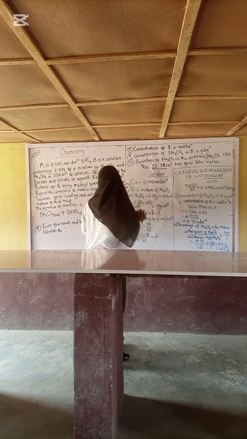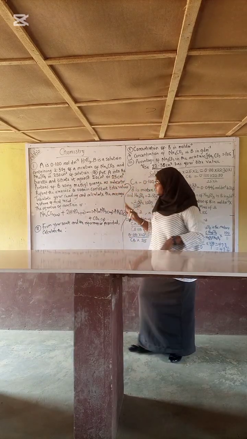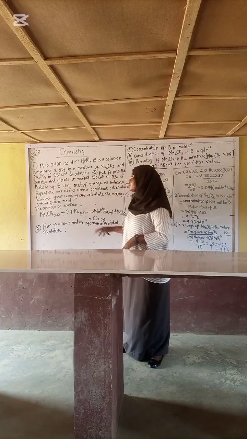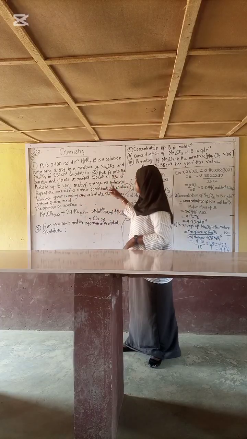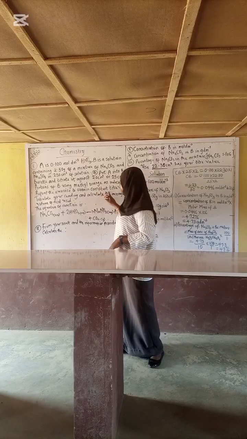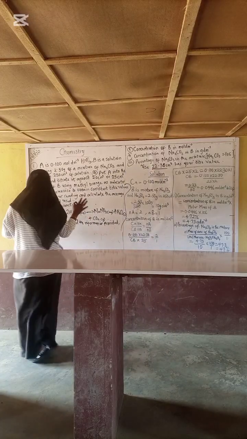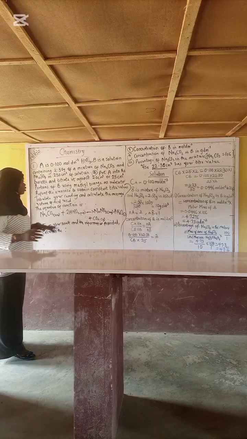Put A into the burette and titrate against 20 or 25 centimeters portion of B using methyl orange as an indicator. Repeat the exercise to obtain a consistent titer value. Tabulate your readings and calculate the average volume of the acid used.